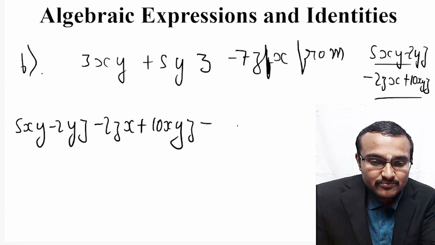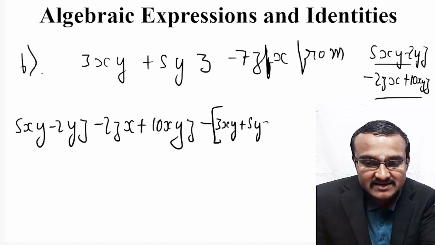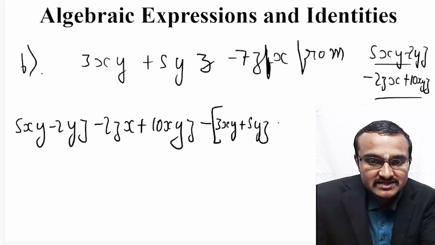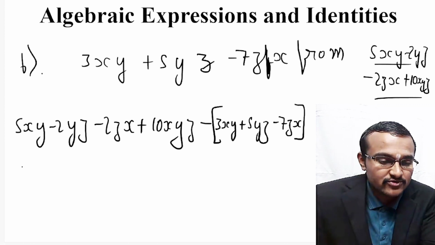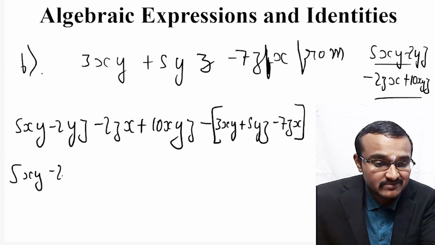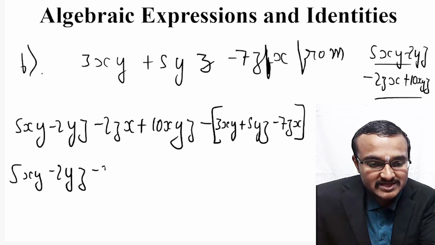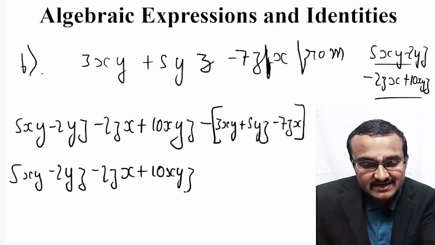So minus, open the bracket and write the first term. What is the first term? That is 3xy plus 5yz minus 7zx. Close the bracket. Now you can open this bracket and bring the terms outside the bracket. So 5xy minus 2yz minus 2zx plus 10xyz, whichever the second term is.